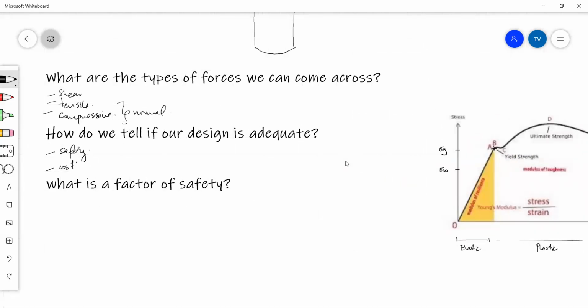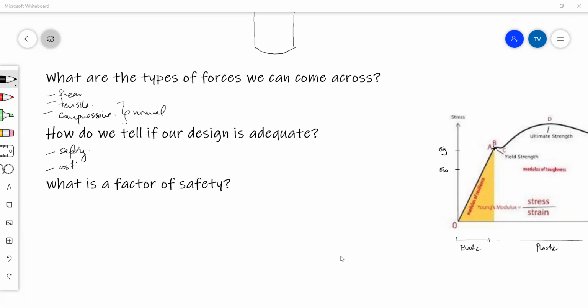Now, can anybody tell me what is a factor of safety? Yes, well, while that is true, factor of safety is yield stress over working stress.